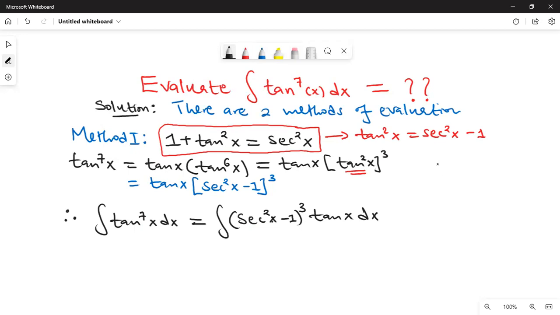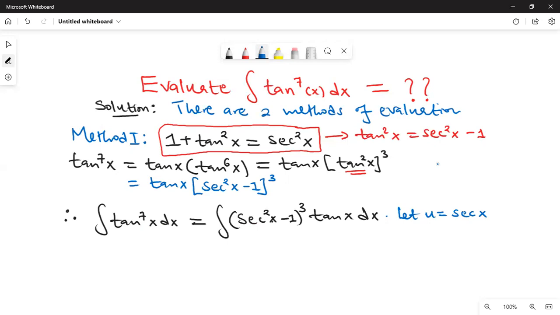Now, the next step is to use u substitution. So we are going to say let u be equal to sec x. When you differentiate that, remember the derivative of sec gives you sec tan.